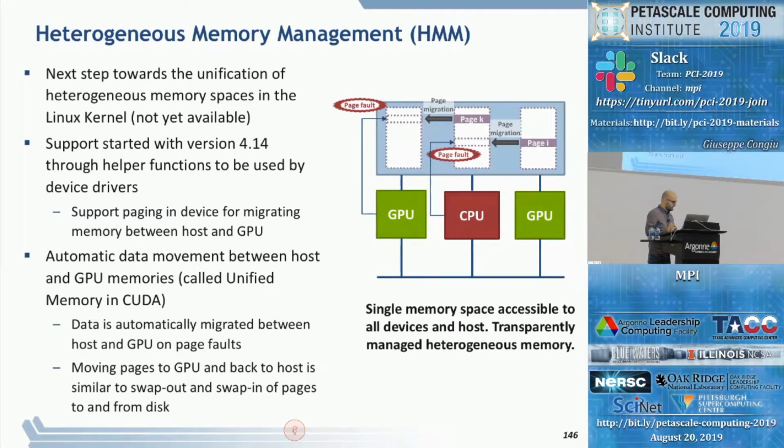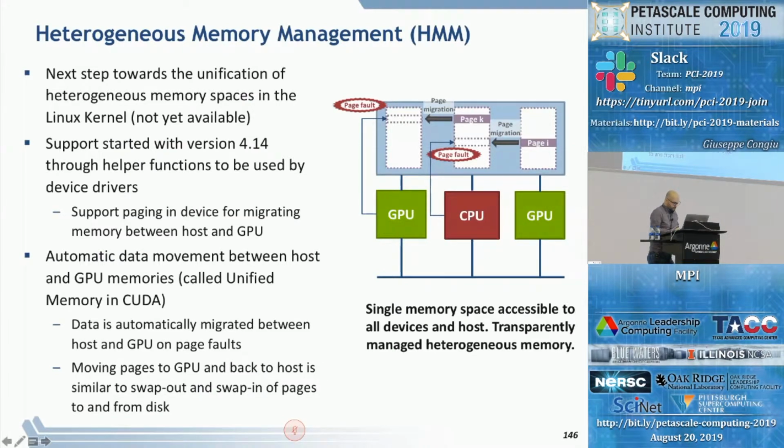The Linux kernel will take care of moving the data based on page faults. So this works in a similar way to paged memory, where you have pages that are moved to the swap area of a disk when the memory gets filled, and they get swapped back in when the memory is accessed again.